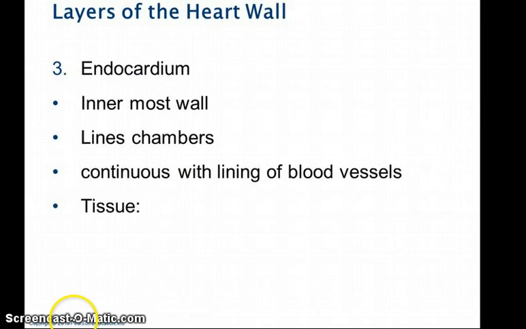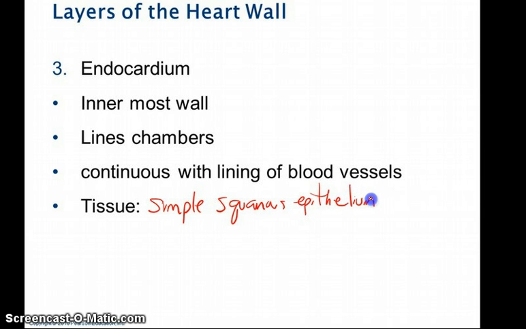Now the last layer of the heart wall is called the endocardium. This is the innermost layer, and it lines the chambers of the heart. And this is made of simple squamous epithelium. And when it's found lining the heart, again, it's called endocardium.